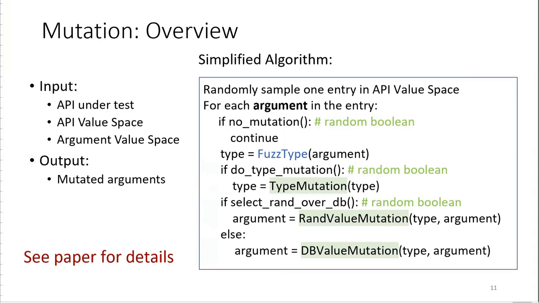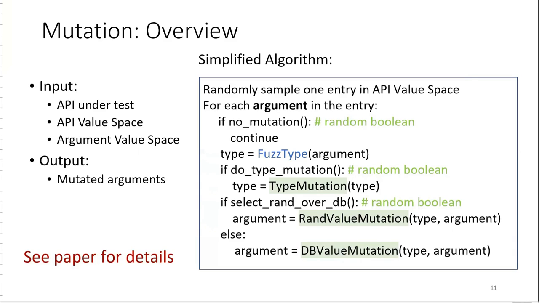Here, we show a simplified description of our algorithm. At first, it randomly samples one entry in the API value space. Then for each argument in that entry, it randomly decides whether to apply mutation to that argument or not. If FreeFuzz decides to mutate that argument, it then computes its fuzz type. Afterwards, it randomly decides whether to apply type mutation or not.